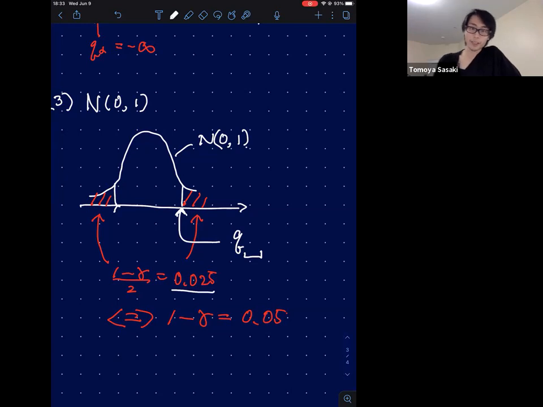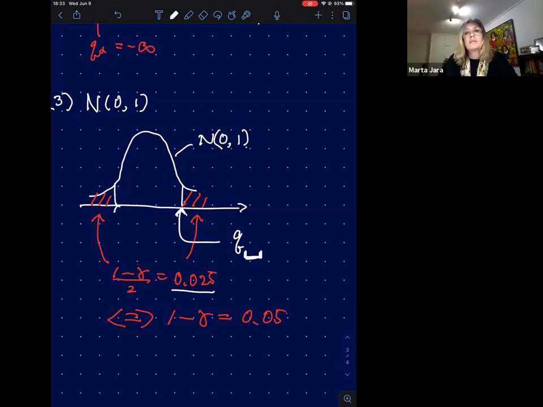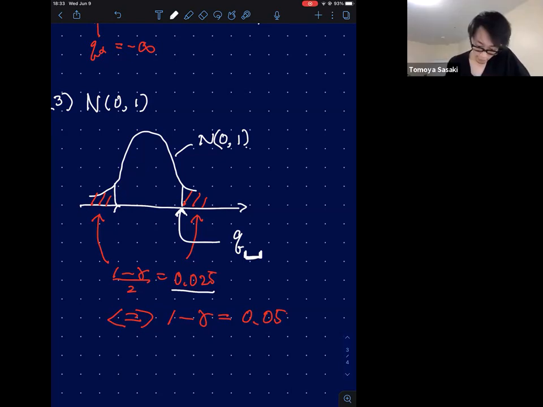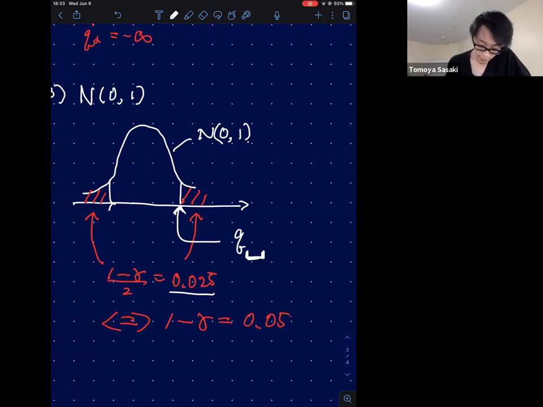This is almost the answer, but this value becomes the tail of these two distributions. What is the alpha we are looking at? 1.96. Sorry, could you say that again? 1.96. Yes, exactly. It's going to be 0.